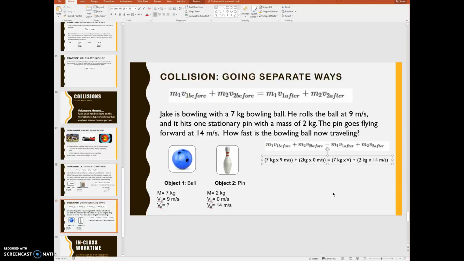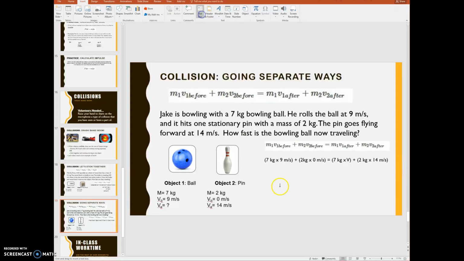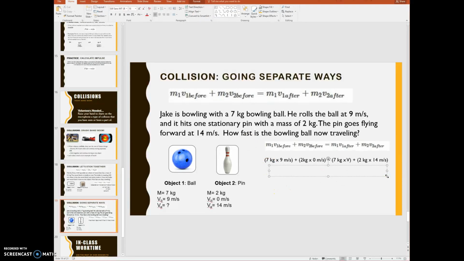So at the end of this equation, we are able to finish up our multiplication. We're going to take our individual values and start to add them together. So 7 times 9, of course, would be 63.